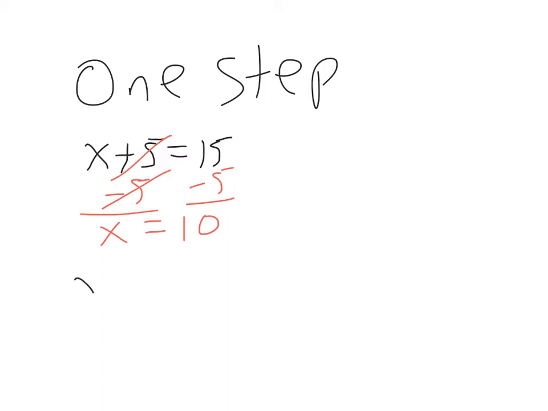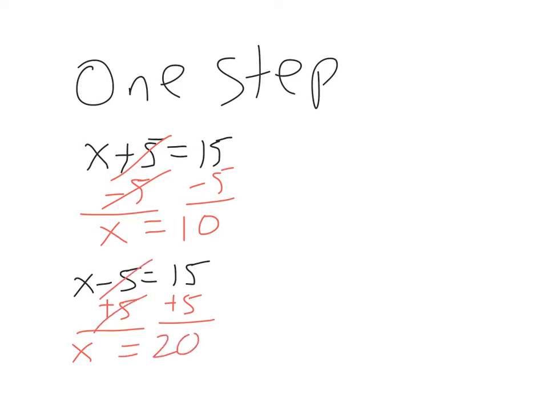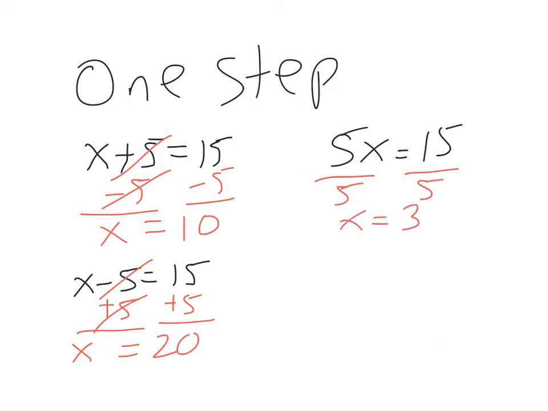If it was x minus 5 equals 15, then we would add 5 to both sides, and we would come up with x, those would cancel each other out, equals 20. We also talked about if I had 5x equals 15, that I would divide both sides by 5, and I would get x equals 3.